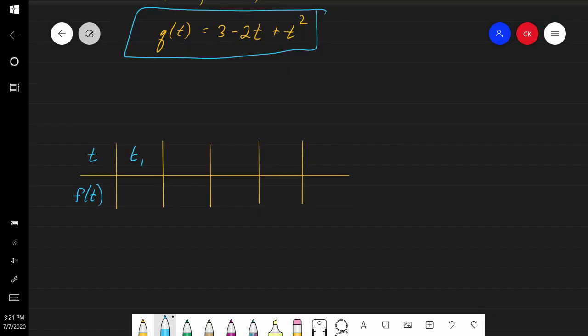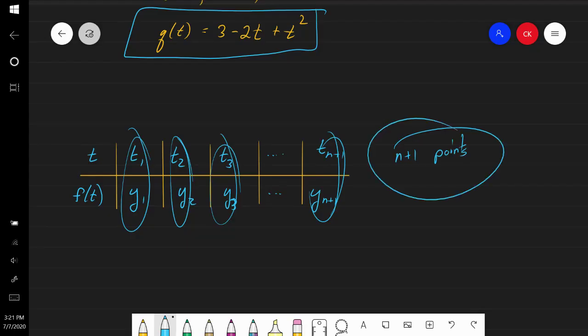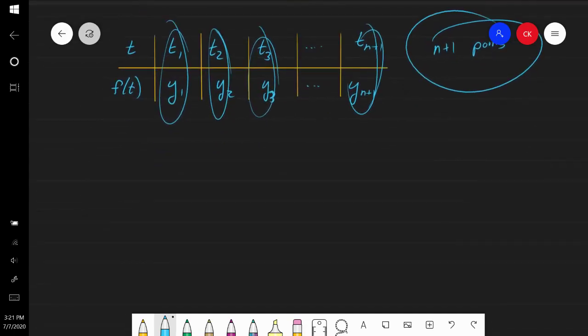This will be t sub 1, t sub 2, t sub 3, dot, dot, dot, and then t sub n plus 1. And we have y1, y2, y3, these would be the outputs, of course, dot, dot, dot, and then y sub n plus 1. So we're trying to generalize on the data points. Each one of these represents a data point. In this case, we have n plus 1 data points to work with.